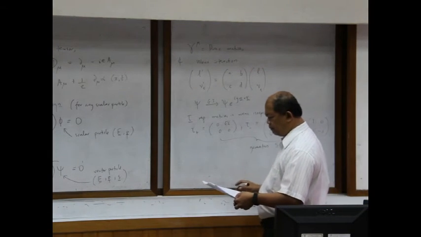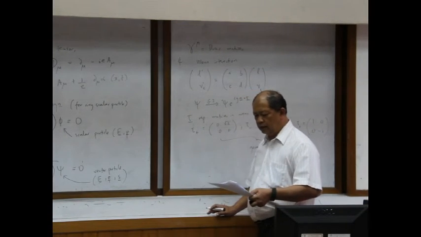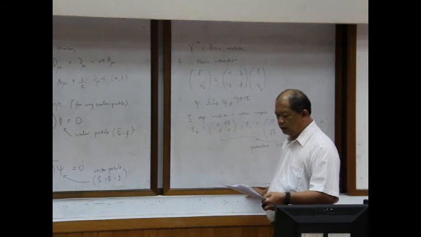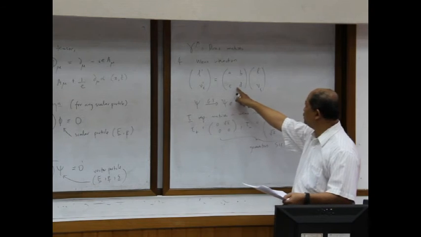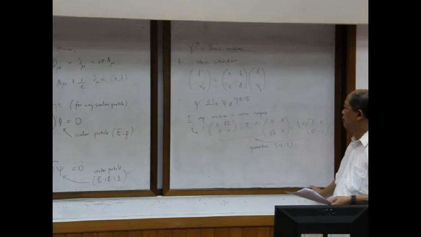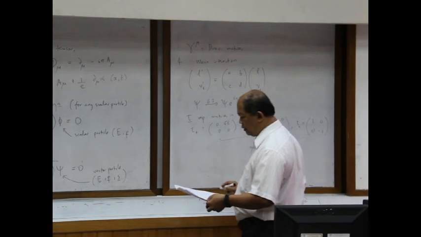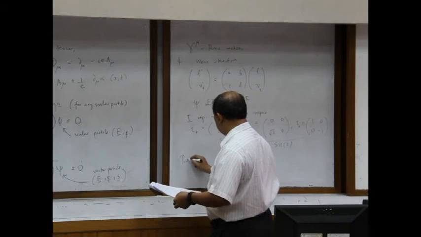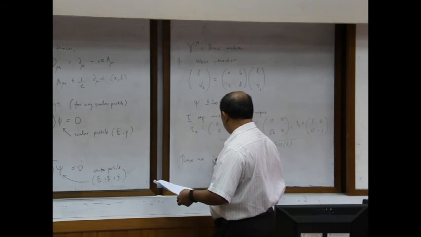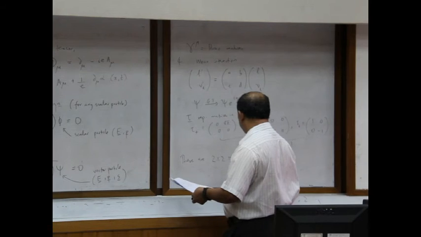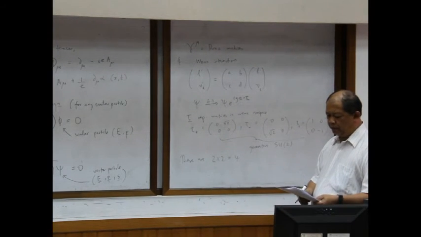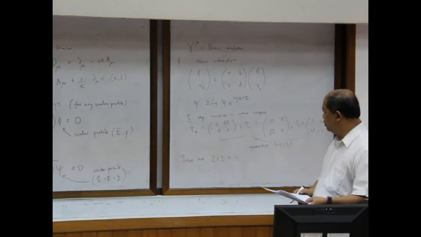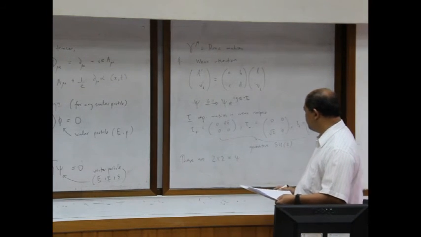If you look here, the transformation involves a 2 by 2 matrix. So there are 2 by 2 equals 4 elements, but only 3 are independent.